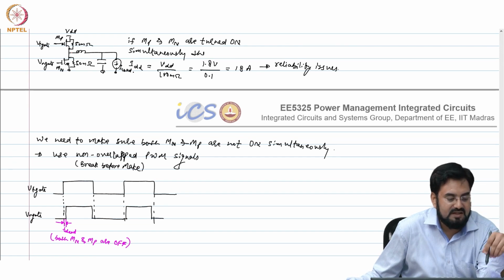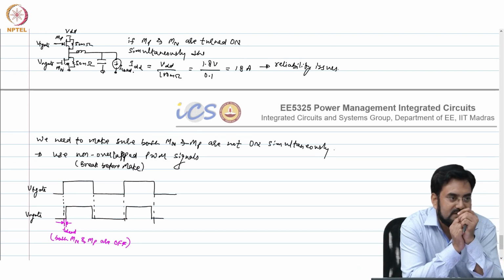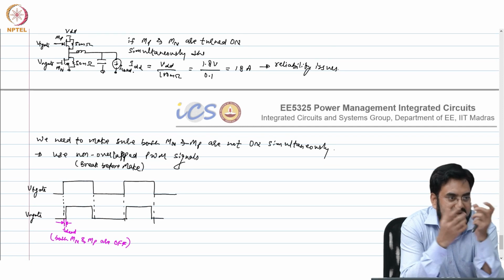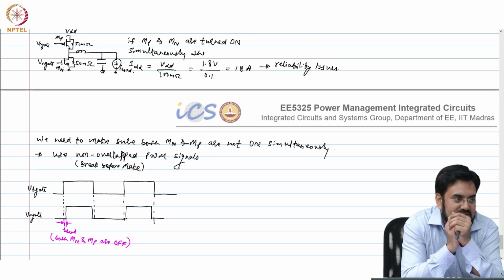Think about all of a sudden you turned off both the switches. Inductor will maintain the current. Inductor is a current storage element, just like capacitor is a voltage storage. So there is a memory in the inductor. The current of the inductor cannot change instantaneously.